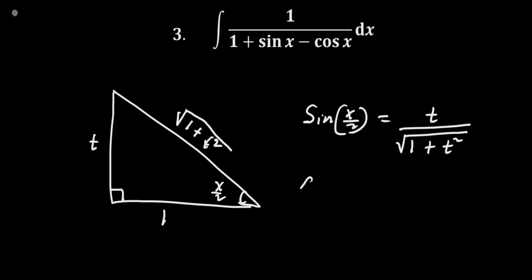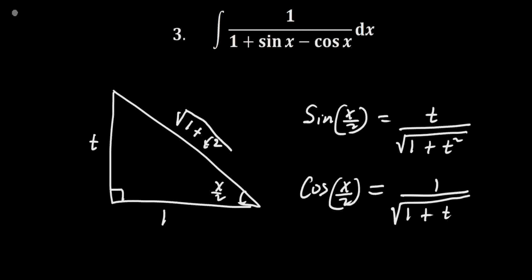Also, cos x over 2 would be equal to the adjacent side, which is 1, over the hypotenuse, root 1 plus t squared.